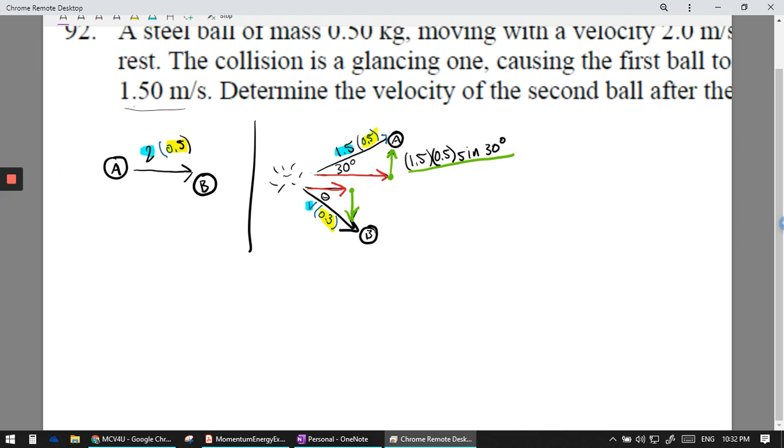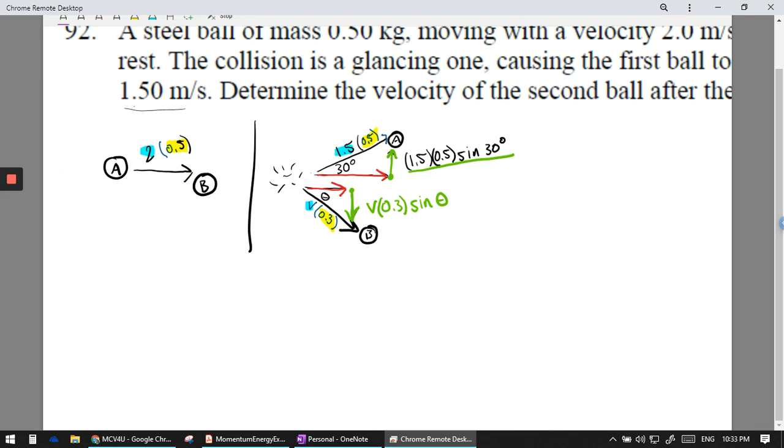I'll write this next one in green. Now, this green vector down here, the bottom one facing south-ish, or down, is going to be equal to v. We don't even know the velocity, so we'll just write v, and we'll multiply it by 0.3, and by the sine of an unknown angle. We don't know that angle.